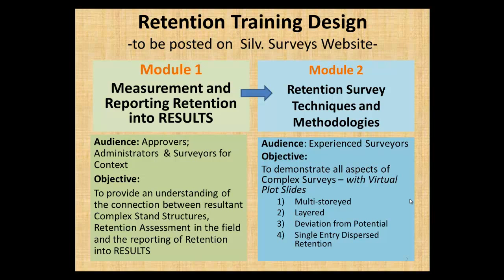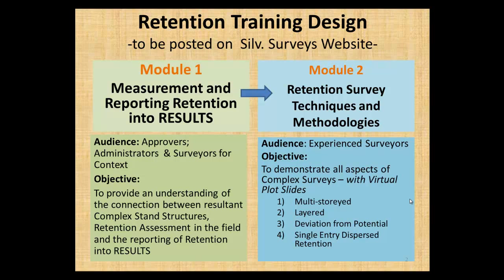And the whole intent of this module 2 is to demonstrate all the aspects of complex surveys, from multi-story to layered to deviation from potential, and single entry dispersed retention that we have developed for the coast. And there are some virtual slides. I know we can't go into the field quite online here, but to follow through the plots in that regard.